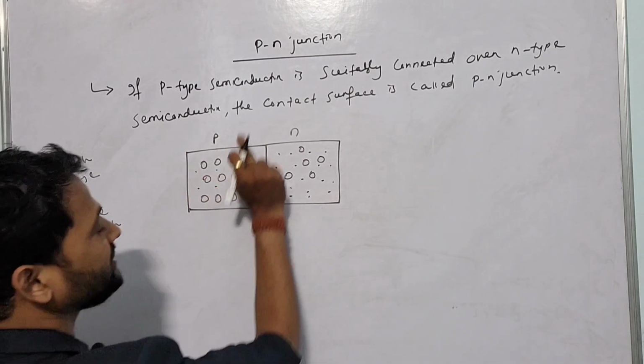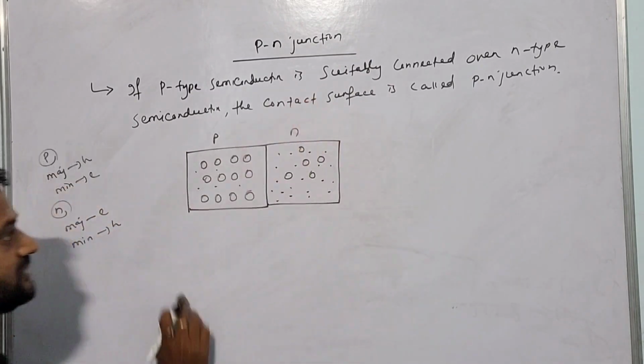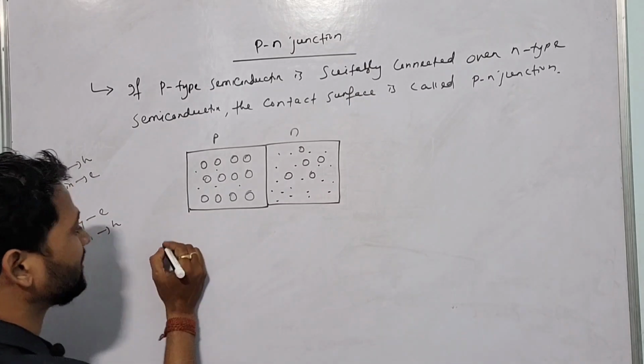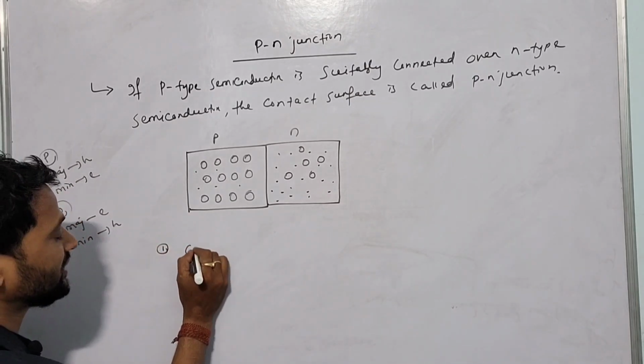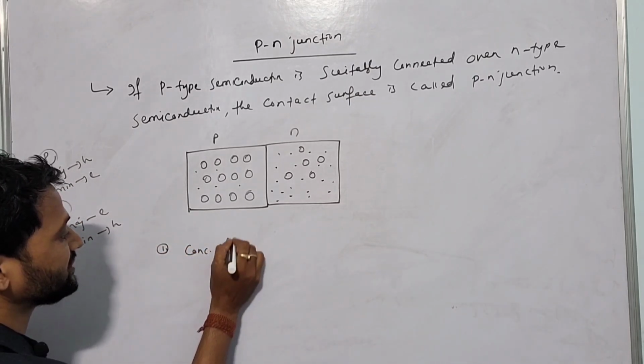When p-type semiconductor is suitably connected over n-type semiconductor, then the first point is there will be a concentration difference.